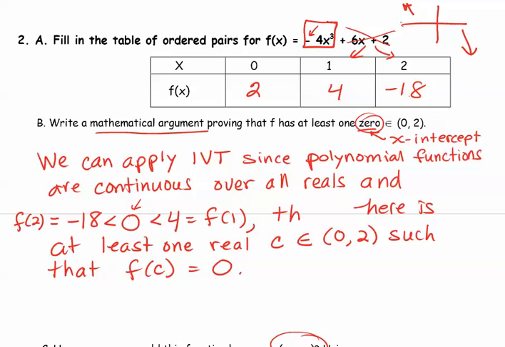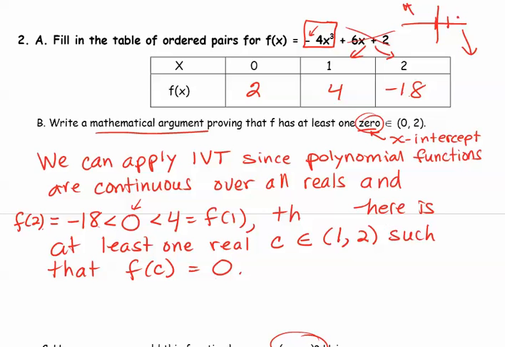So we have determined that somewhere between 1 and 2, I think I wanted to have this be in the interval from 1 to 2. Sorry.